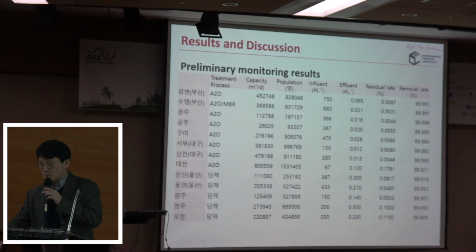And the typical removal rate in the wastewater treatment plant is greater than 99.9% in most cases, especially when we use the A2O process or the MBR process. The removal rate is greater than 99.99%. And if you use the sponge type, then it's slightly greater than 99.9%.